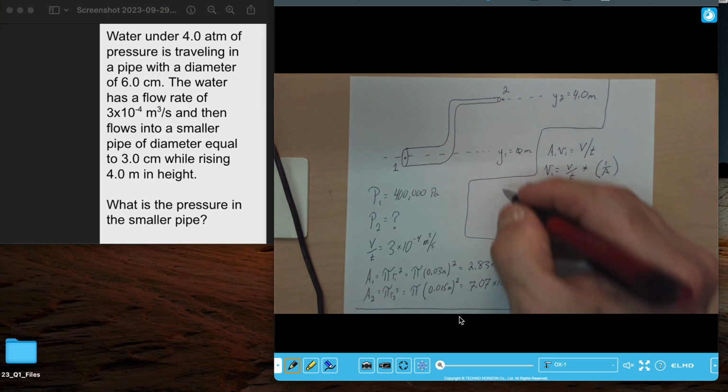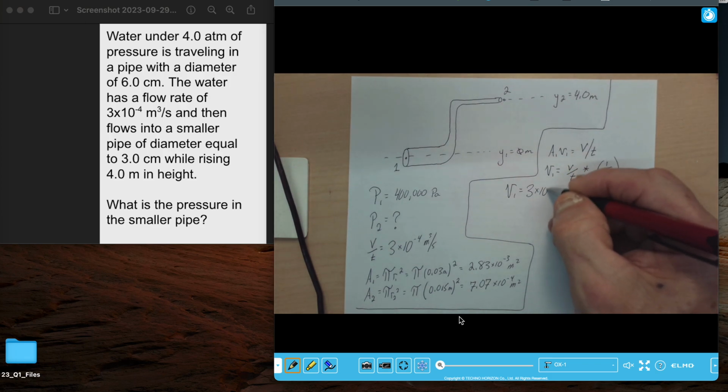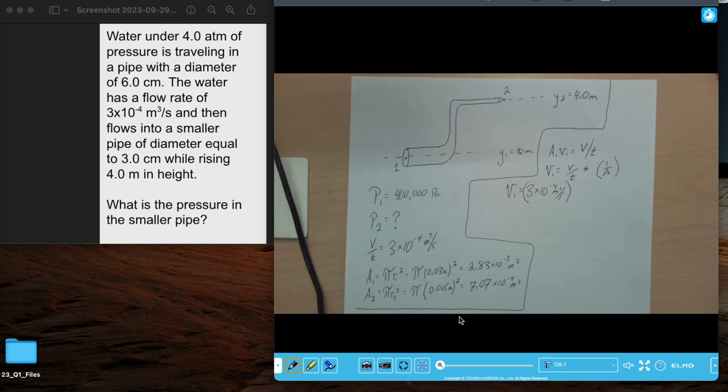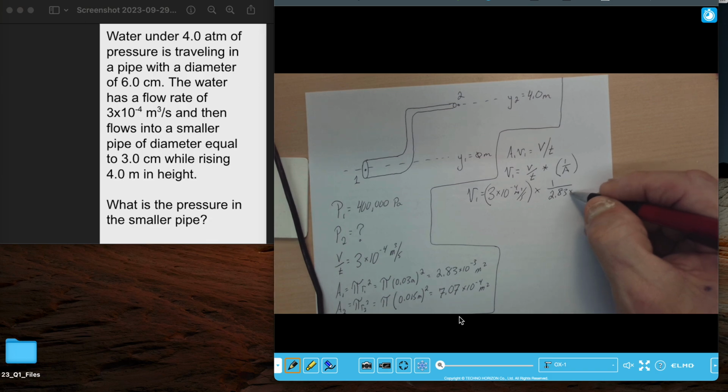Okay? So V1 will be volume per time, which is 3 times 10 to the negative 4 cubic meters per second. There's the V per T right there. Times 1 divided by the area, which I've already figured out here, is 2.83 times 10 to the negative 3 square meters.